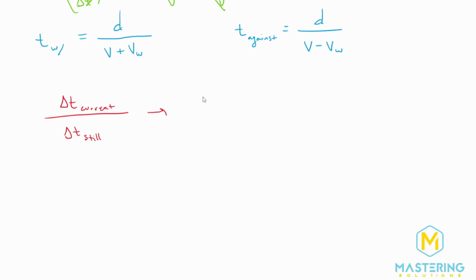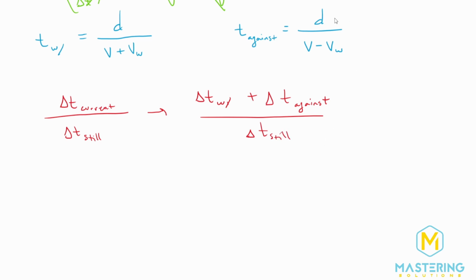So let's break this up. We're really going to take the time that it takes us to do it with the current plus the time that it takes against the current, and then that divided by, of course, the time if it was just still water.